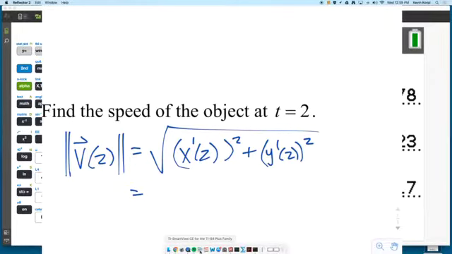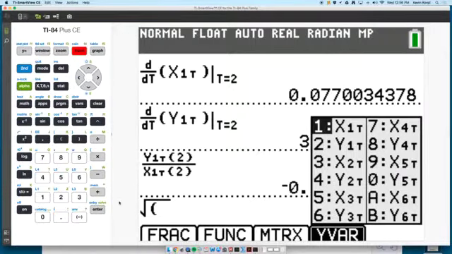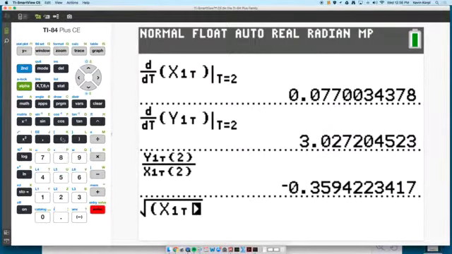And then it's time to go to the calculator, and I'll take the square root of. Now here I'm going to use extra parentheses. So alpha trace number 1 is my x. And remember, if you open parentheses, 2, close parentheses, that evaluates at 2. And then I close it again and square it.